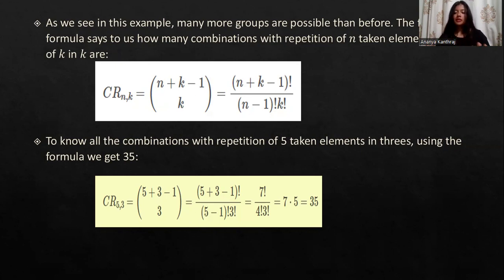Now we apply the formula. CR(5, 3) is (5 plus 3 minus 1) choose 3, which is (5 plus 3 minus 1) factorial divided by (5 minus 1) factorial times 3 factorial. 5 plus 3 is 8, 8 minus 1 is 7, so it becomes 7 factorial divided by 4 factorial times 3 factorial. The answer is 35.